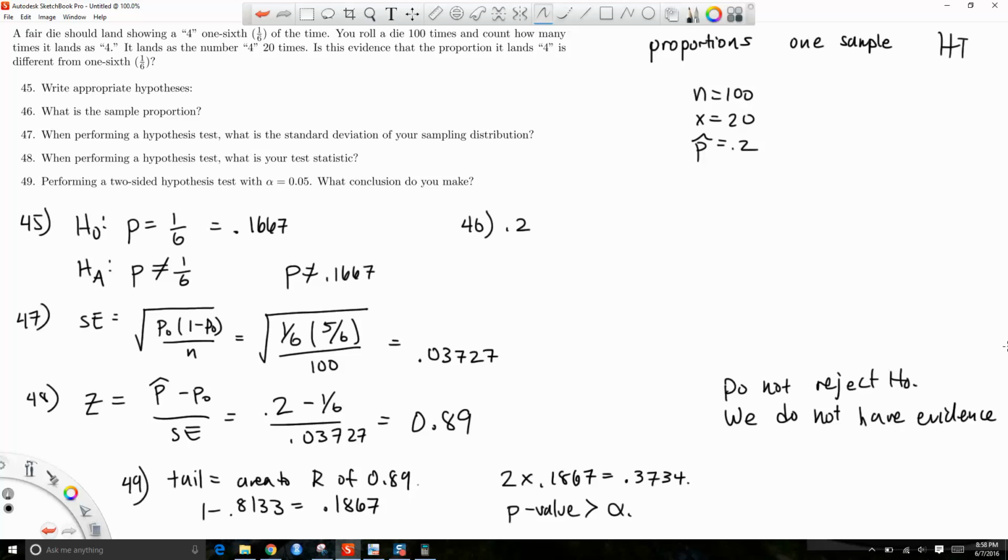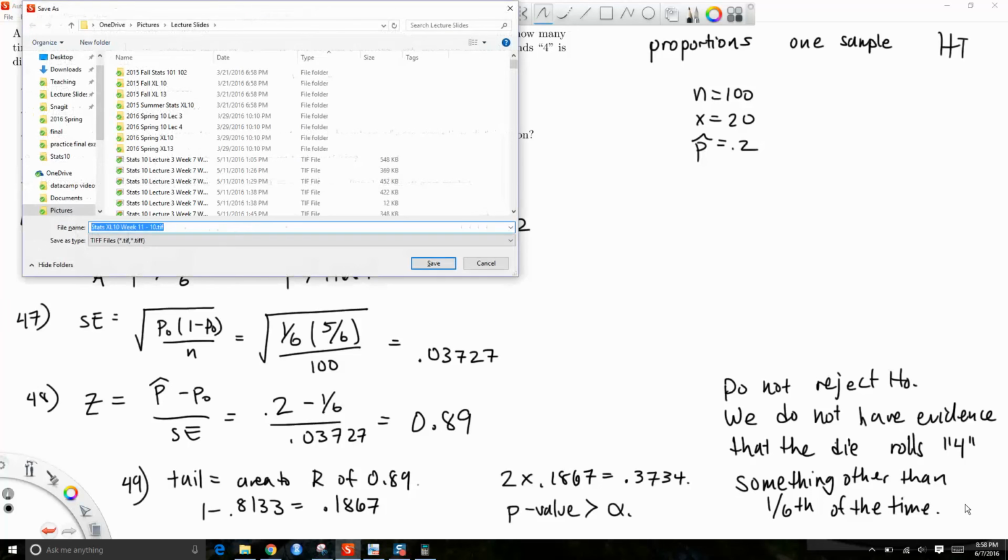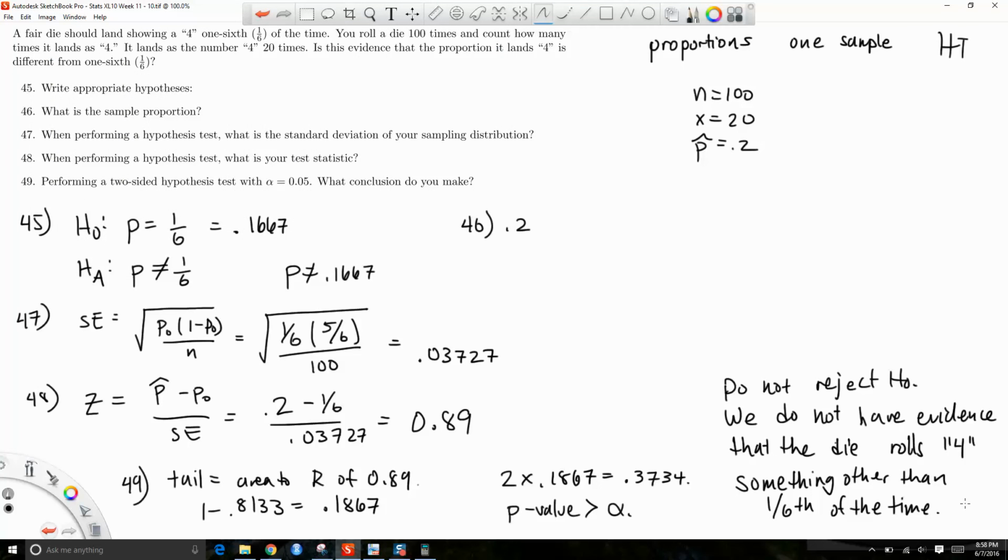Here we're interested if either of those anomalies happen. So we don't have evidence that the die rolls the number 4 something other than 1/6 of the time. Is that good there?